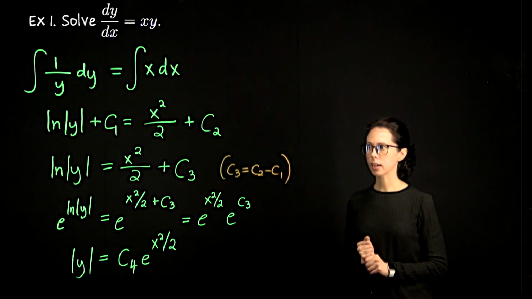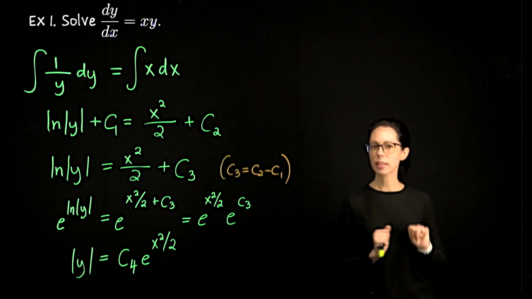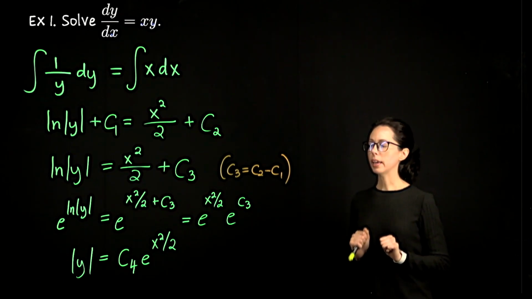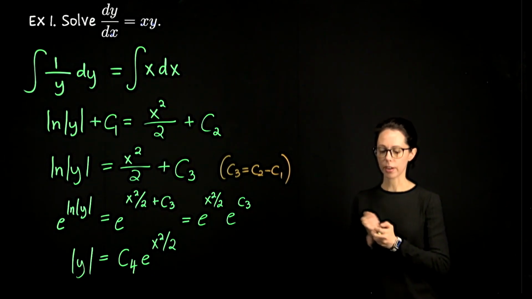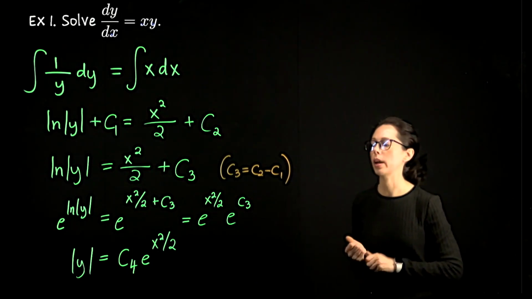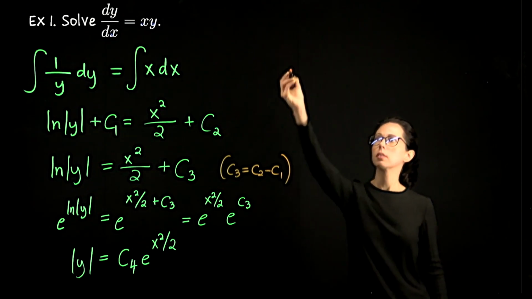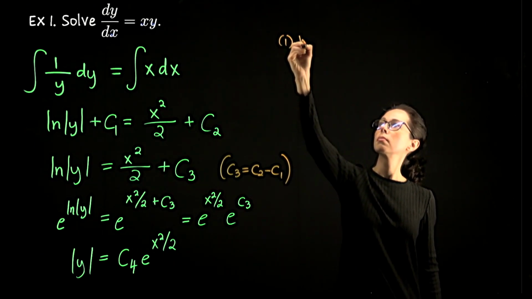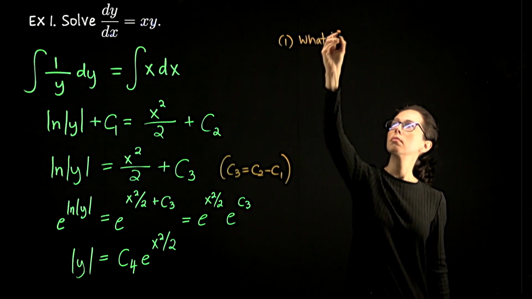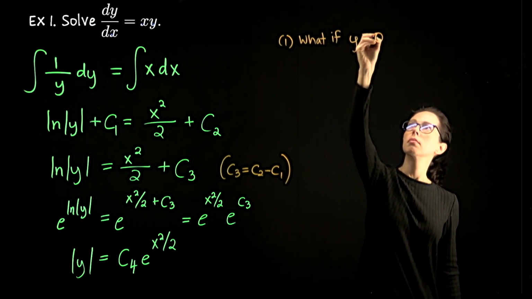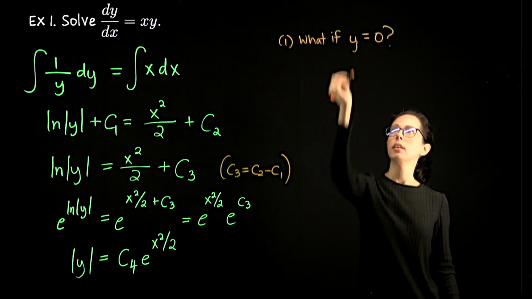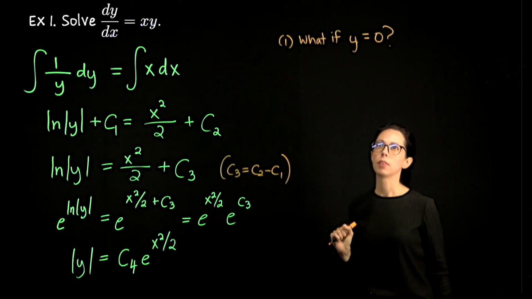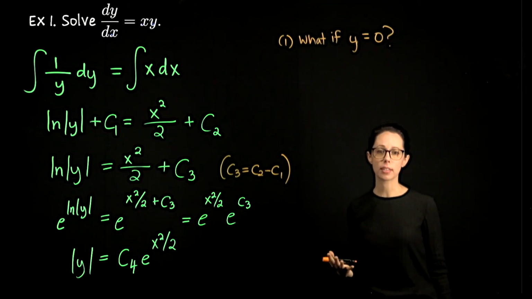Okay, so let's consider maybe 3 different possibilities. What if y is, let's say, 0? So let's start with 0. We've got 3 different situations for y to think of. What if y, our function that we're trying to look for, is ever equal to 0?